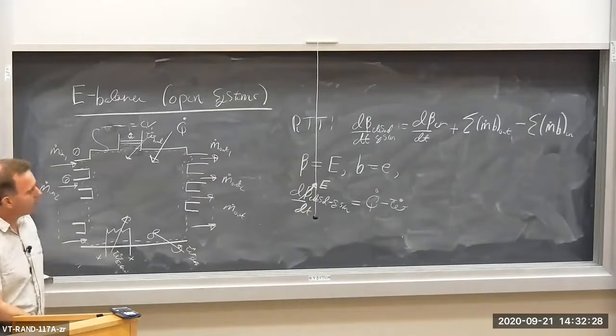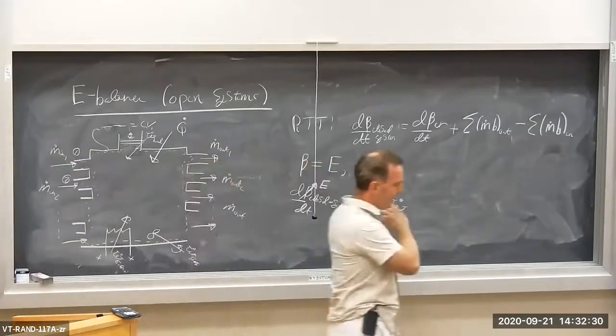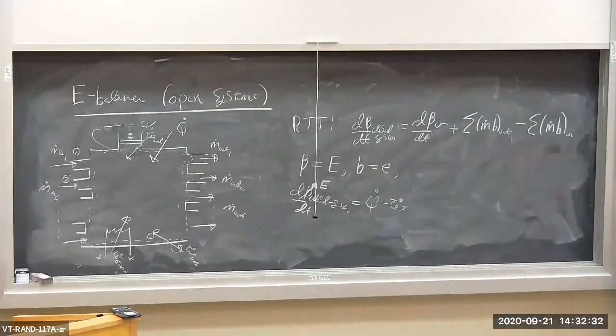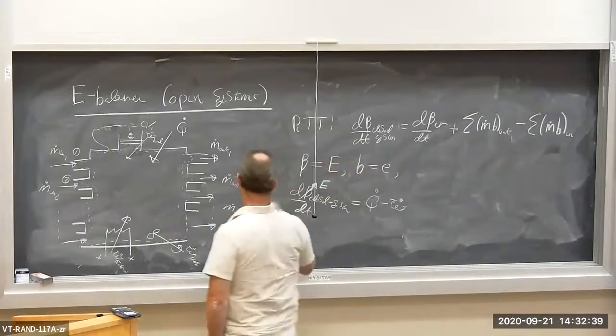So you go back and look at that table where I had different values for beta, and I had the closed system energy and mass balance. You'll see these terms in that table, okay?